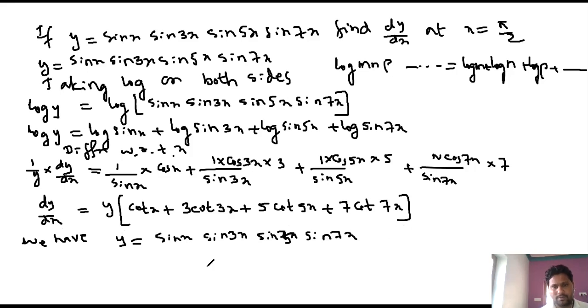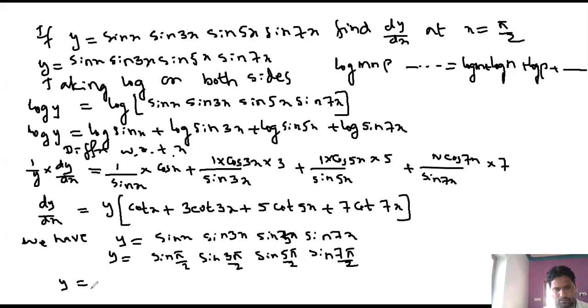So x equal to pi by 2 means sin pi by 2, sin 3 pi by 2, sin 5 pi by 2, sin 7 pi by 2. So y is equal to, what is sin pi by 2? That is 1.